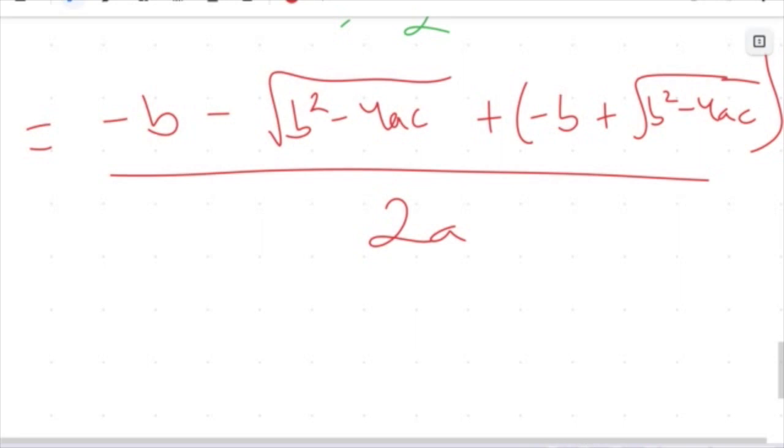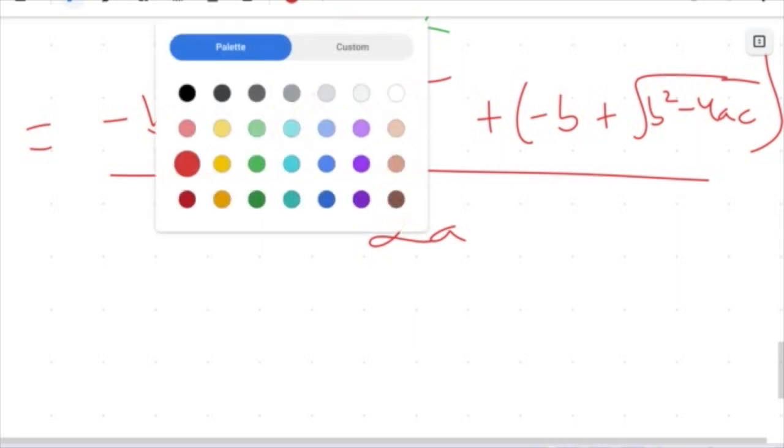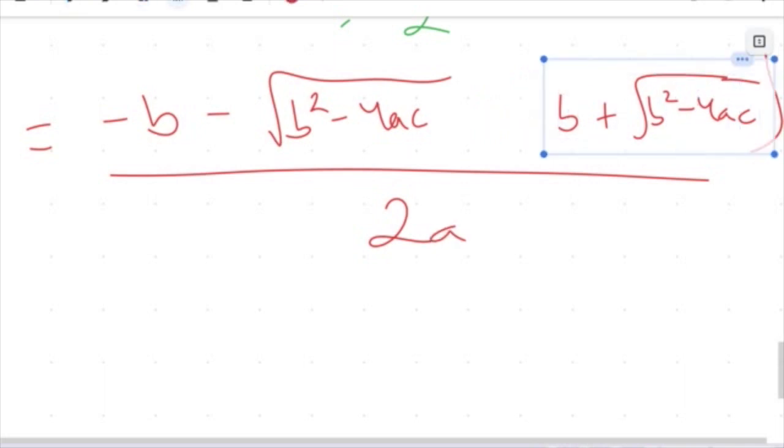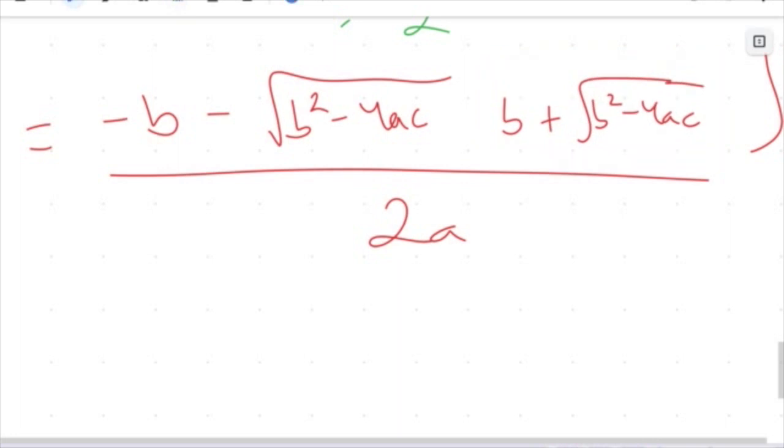Okay, now if we expand this thing here, I've just put the brackets in order to avoid confusion, but this plus minus b is going to be the same as doing minus b. So this is the same as saying minus b, and I had two positives, so I'm going to be plussing the square root of b squared minus 4ac.